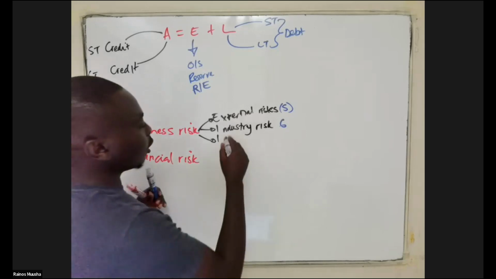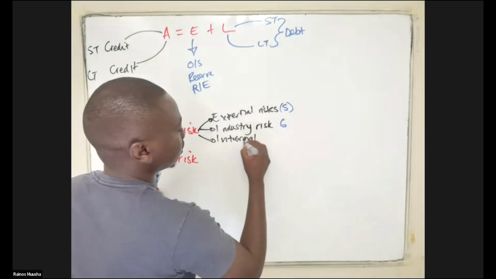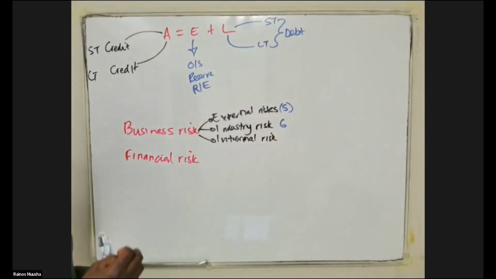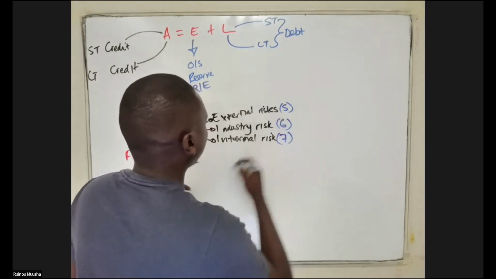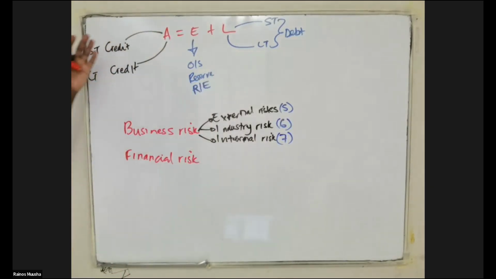This is where you're looking at internal risk, where you're analyzing the risk of the individual company. And this is what we're going to be covering in chapter 7. When you look at external risk, you're looking at the risk overall, analyzing risk from a macroeconomic perspective.